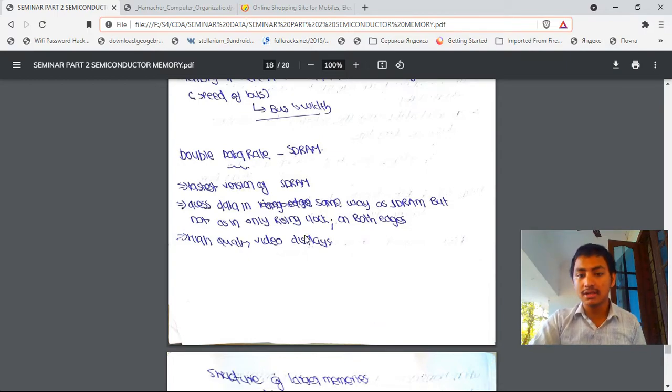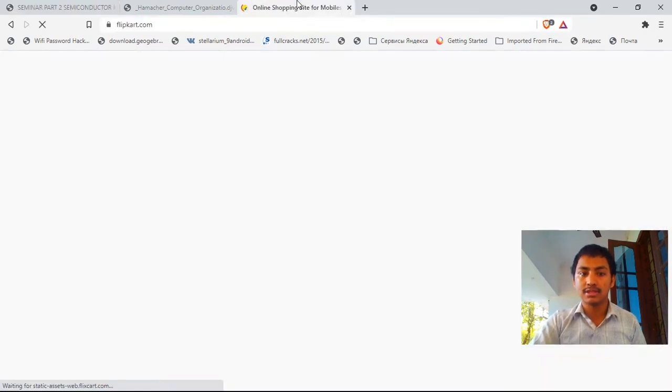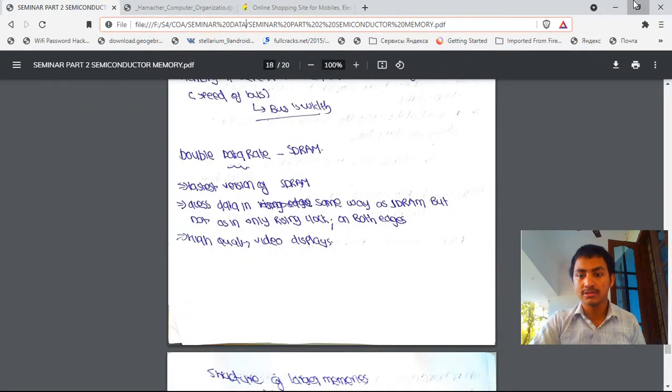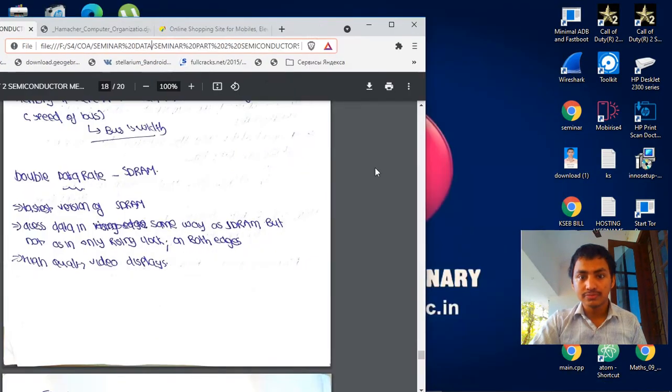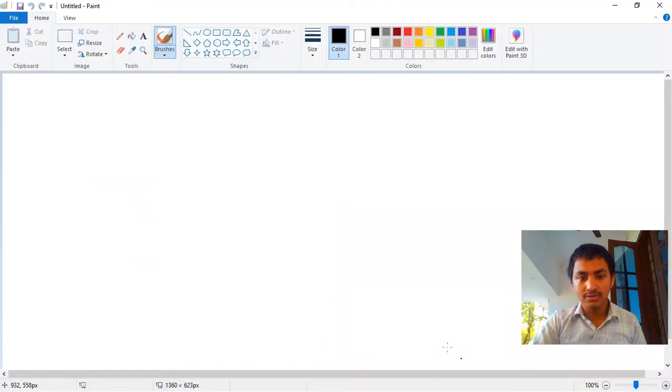It is a synchronous DRAM, remember that. But here, data is accessed on both edges, the rising edge and the falling edge. I think it is loading slowly, maybe there's some network issue. I will show how it goes.